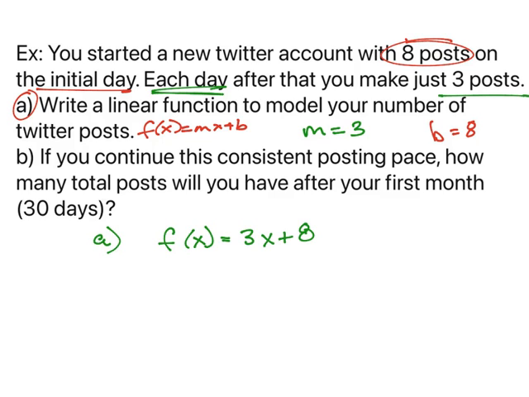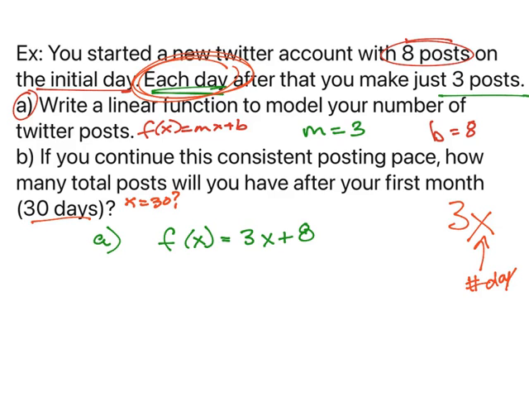Right, letter B. If you continue this consistent posting pace, how many total posts will you have after your first month, which we will use 30 days? So they're saying, what if x is 30? Now, I know that x is 30 because each day is what we're doing, which means we are talking about 3 per day. So x is the number of days.